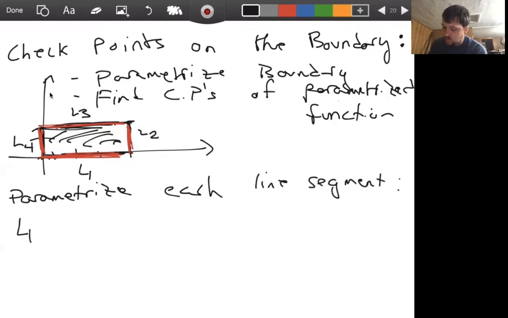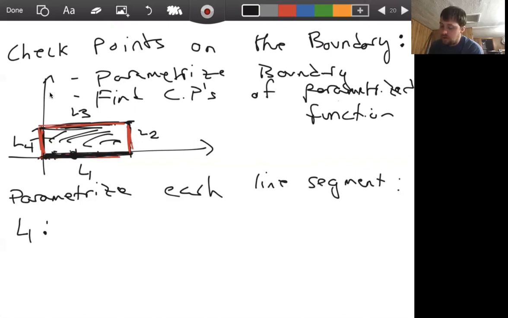So let's do this for L1. What is L1? If we're a particle living on this line segment L1, we may vary in x, but our y coordinate is fixed. No matter where we're at on L1, our y coordinate is 0.